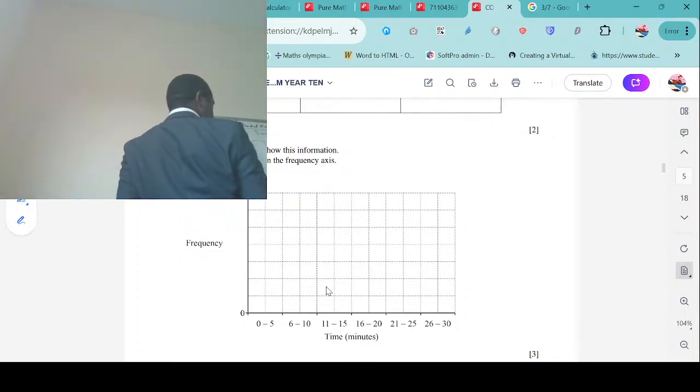So then the next one is 10.5 to 15.5, and that's 5.